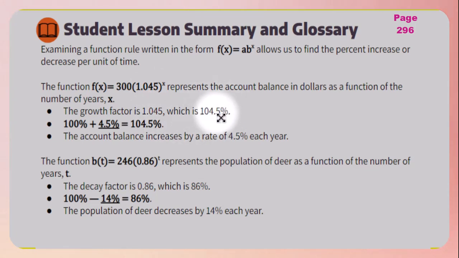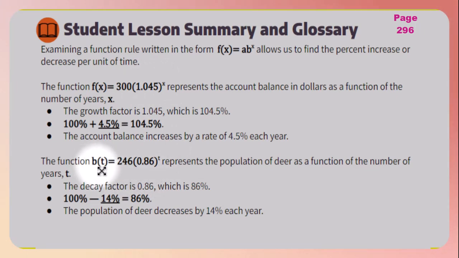Anything over 100% is going to show growth. Or if you change percent to a number, anything over 1 is going to be growth. The account balance increases by a rate of 4.5%. So this right here is going to be what it increases by.